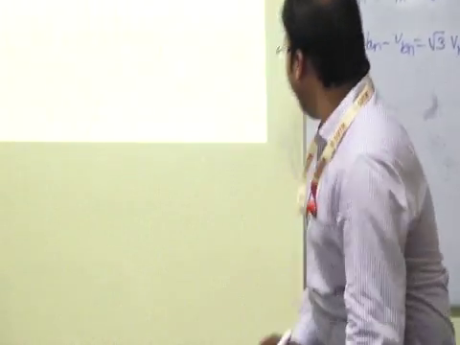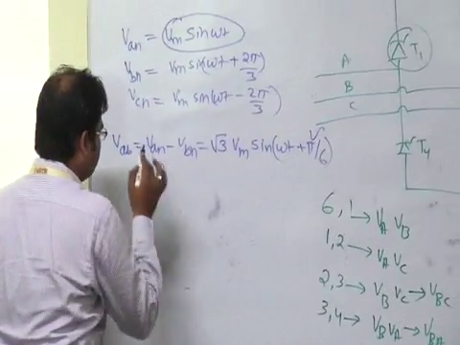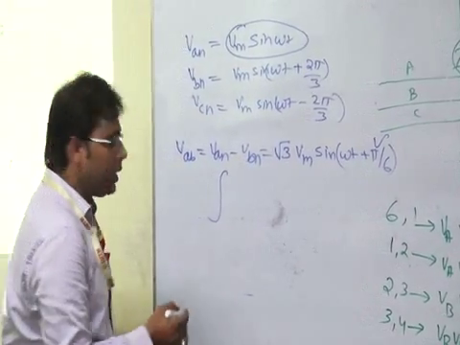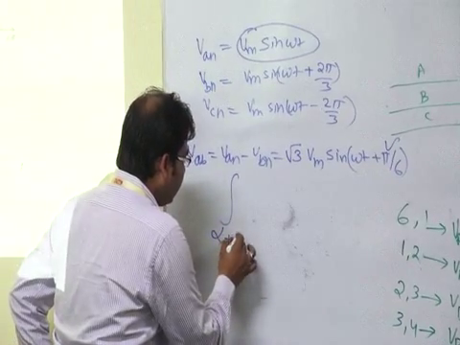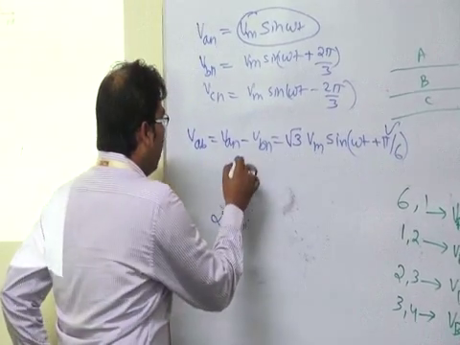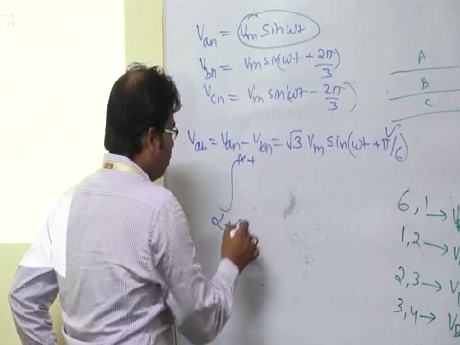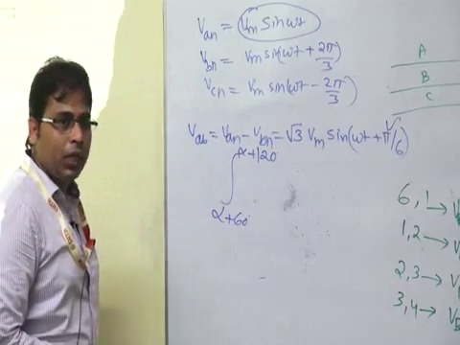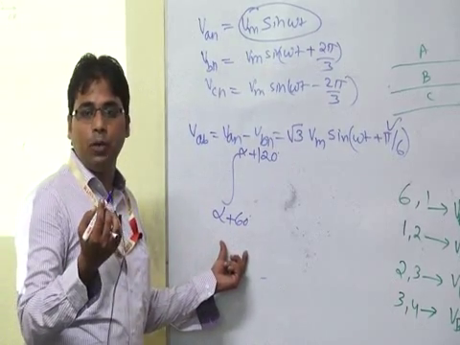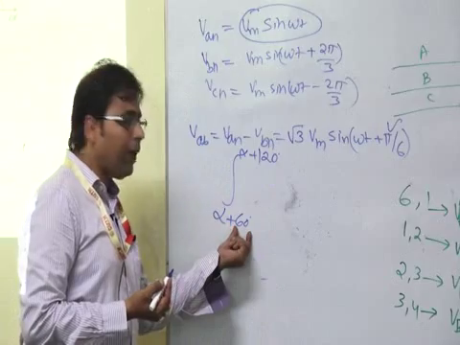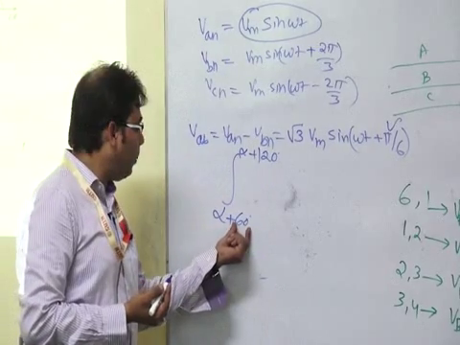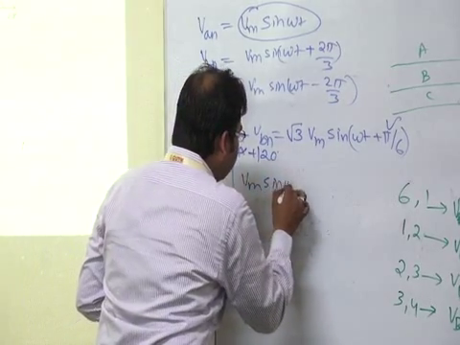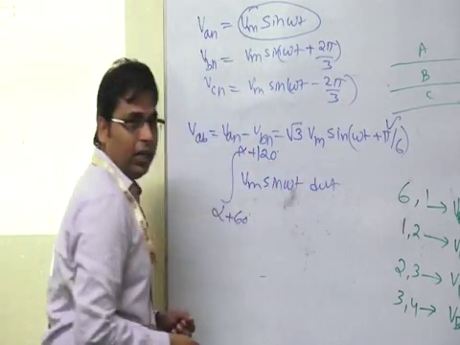Now tell me from where to where I will integrate. Alpha plus 60 degree to alpha plus 120 degree. One pair will conduct for how much duration? 60 degree. So if I start from alpha plus 60, to alpha plus 120, Vm sin omega t d omega t.